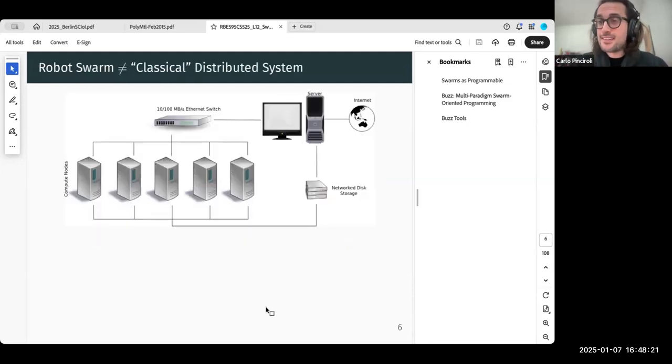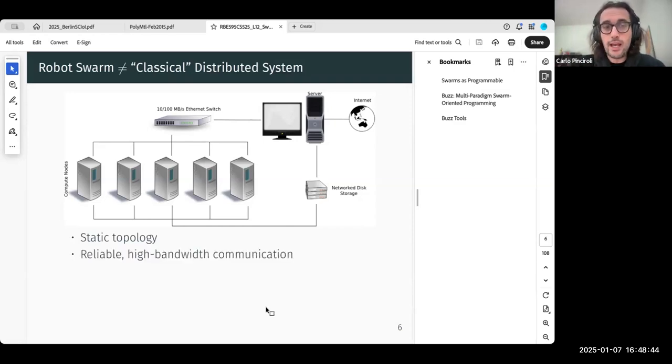So why isn't it? What's the point here? A robot swarm is not a classical distributed system, like a cloud computing system, for example. The reason is that the topology of a classical distributed system is static. Once you connect the computers together, you control the topology, and that topology is not meant to change. The communication is reliable and high bandwidth. Forget that in swarms.